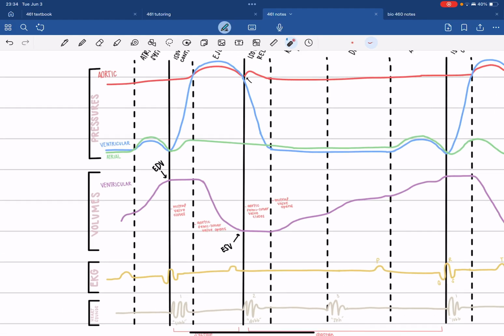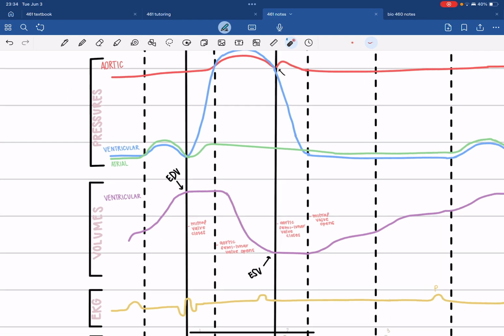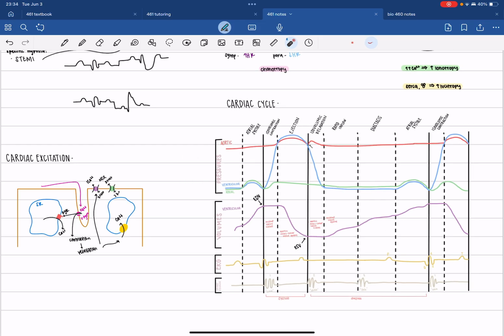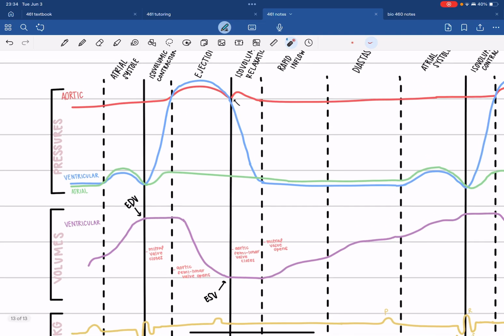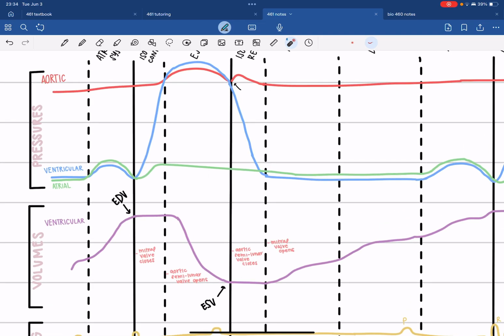If we look at when valves are opening and closing, we can see that we have two areas where no valves are open, and that's going to be our isovolumic phases, which makes sense because if the blood volume isn't changing, then there's nowhere for it to go, which is great. So right at the beginning of isovolumic contraction, we're going to have our mitral valve closed because the ventricle just finished refilling with blood in preparation for contraction, because we need to build pressure here in order to eject the blood.